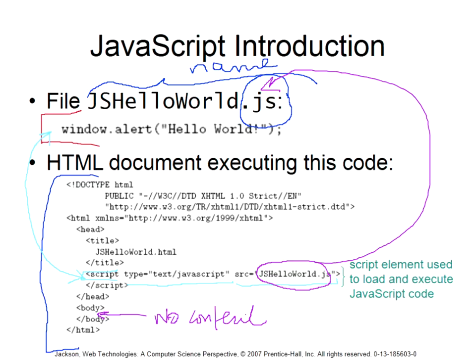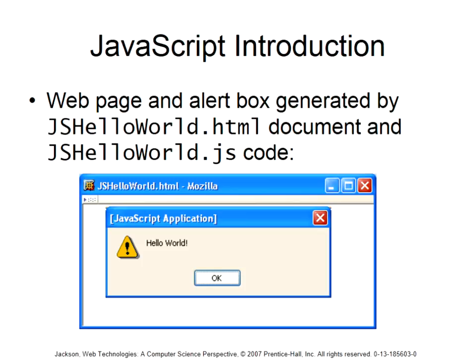Why? Because here we write window.alert hello world. Alert is a method provided by the browser to show a pop-up. So the web page and the alert box are generated by the HTML document and the .js file. This is the result of our HTML document.